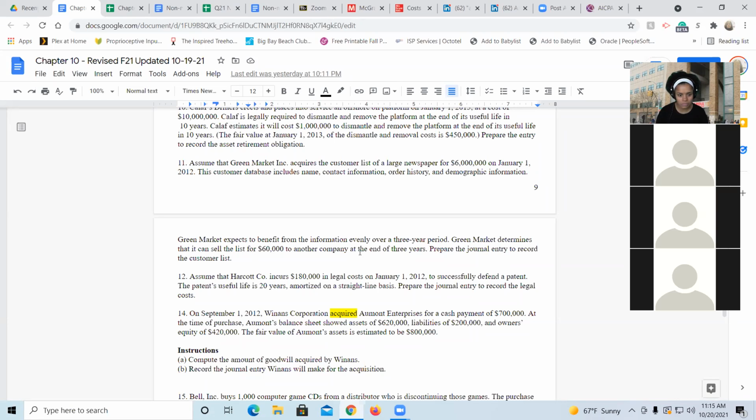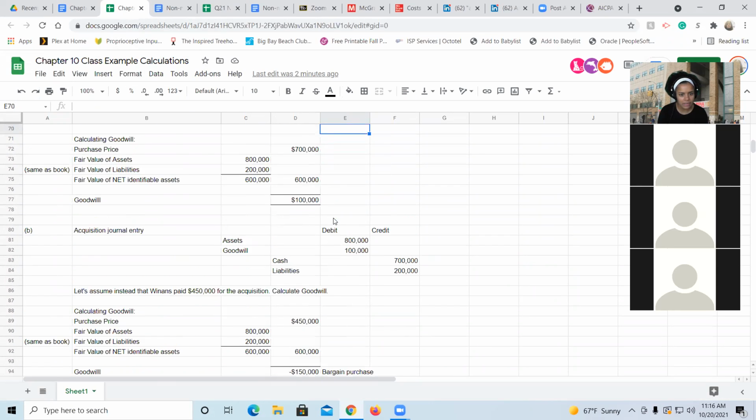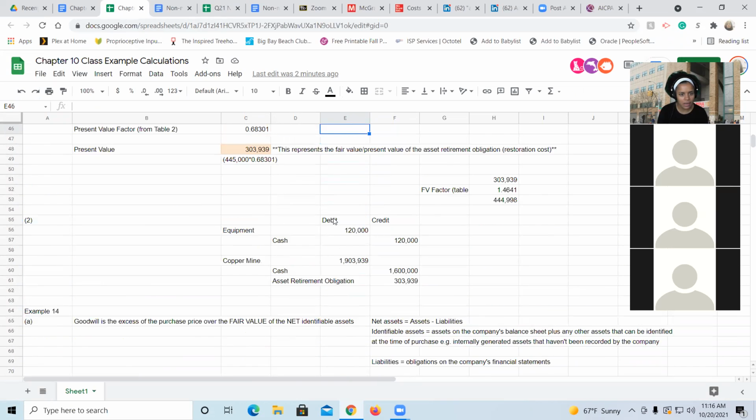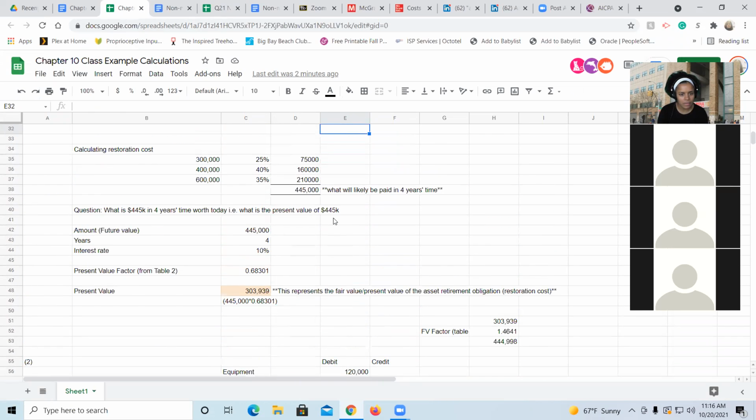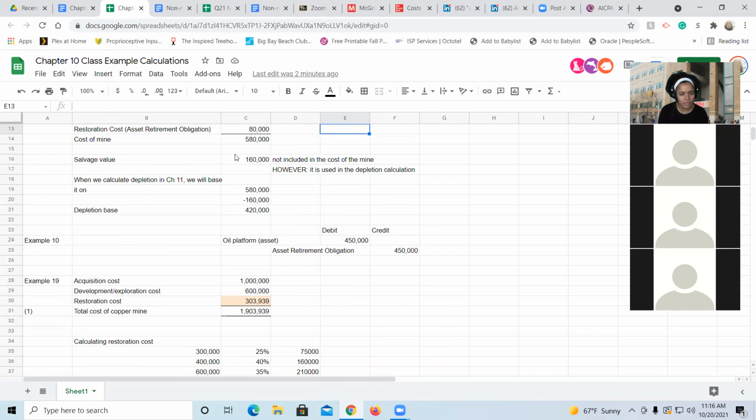Estimated purchase price. Well, it's what they could sell it for, the 60,000. So we had this before, and thank you, John, for saying something. We had this before when we were talking about the mine. I don't know if you remember the mine. This example, not this one, the one before, over here, when they said that the mine could be sold for 160,000.